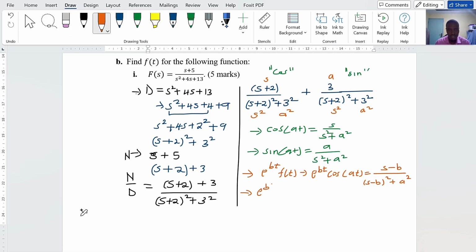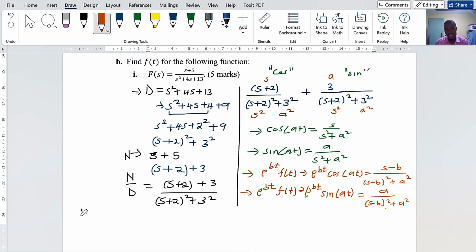So e^(bt), then f of t. Now if we have e^(bt) and then sine at, then we have our a over our s shifting, (s minus b) squared plus a squared.